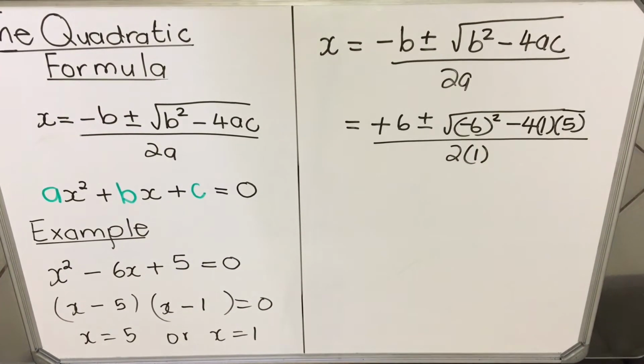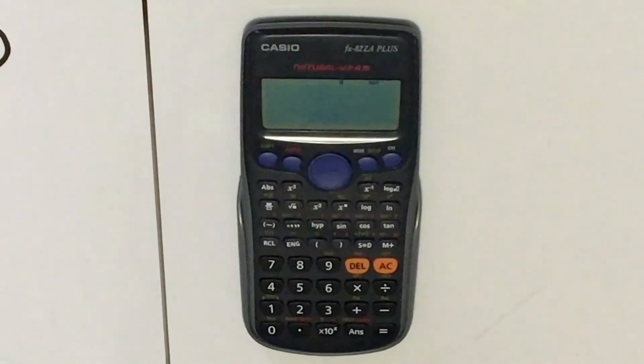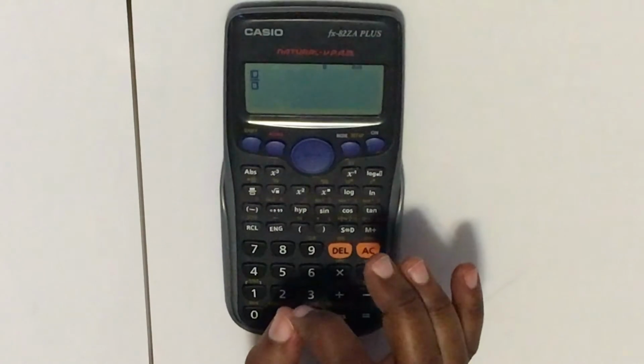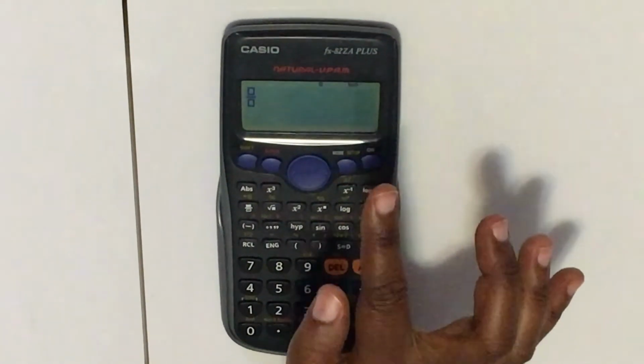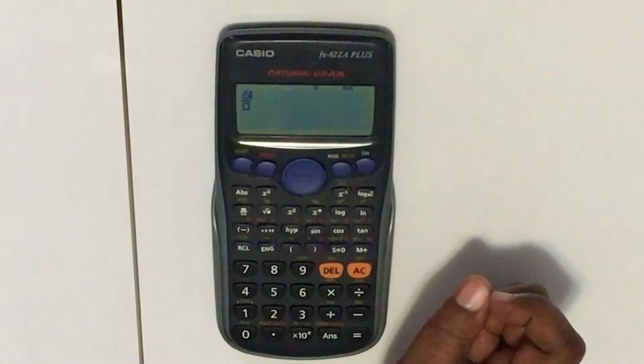Right, the important part here, I want to show you how you punch it in your calculator. You're going to have a fraction button and then it's minus 6, which is plus 6. Then you'll choose one of the plus or minus.